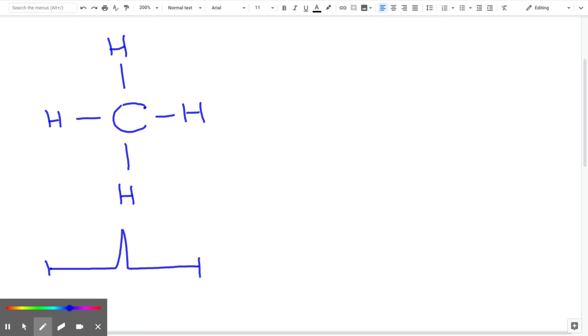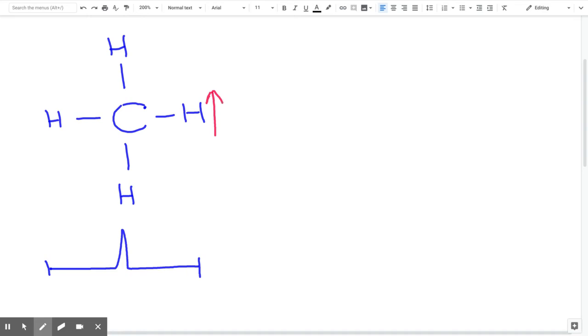Right, so in the previous clip, we established a molecule of methane and we started to understand that we can measure the magnetic field of a proton as it spins within an external magnetic field.